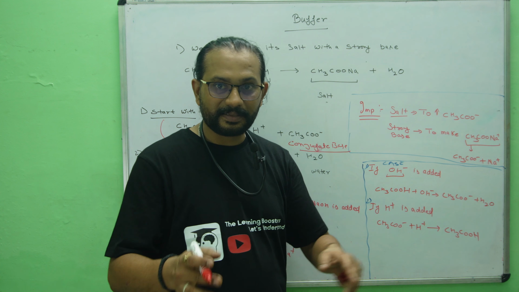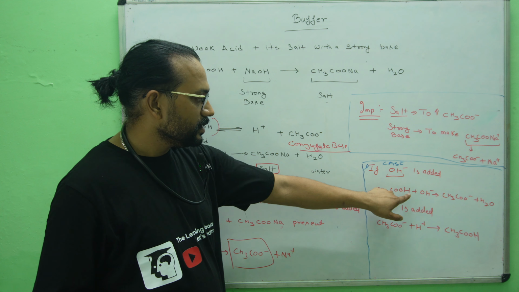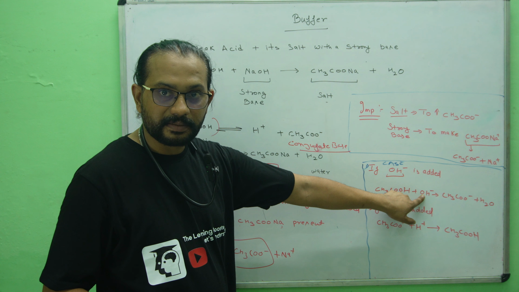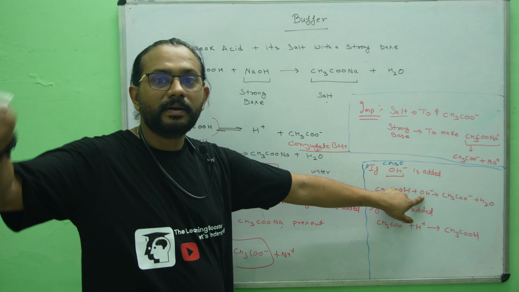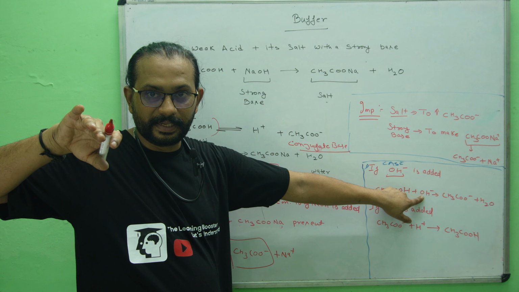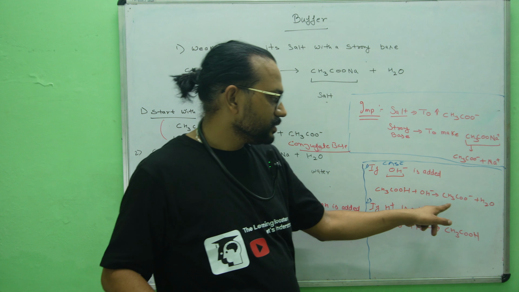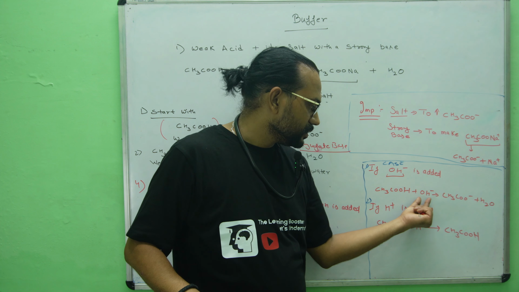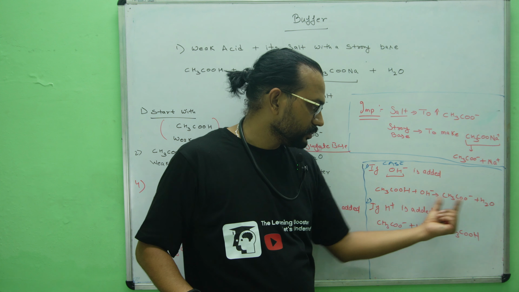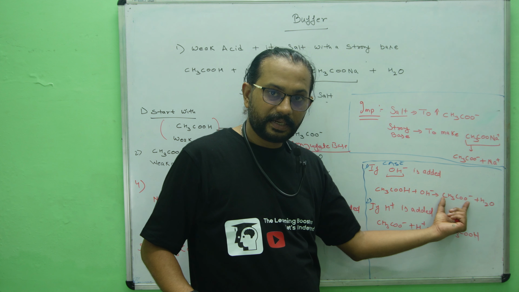So this OH− is being neutralized, because when you add OH− you are moving toward basicity. To neutralize it, the OH− reacts with the hydrogen to form water, and acetate is formed.